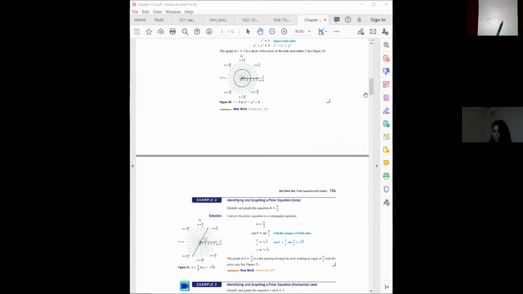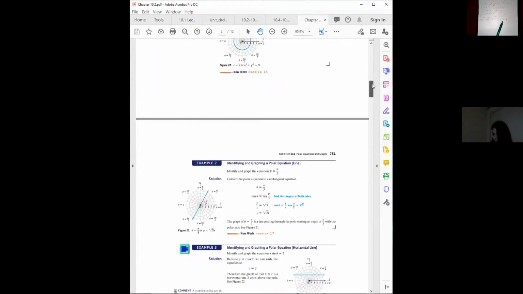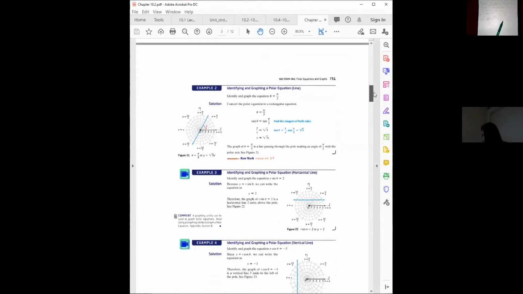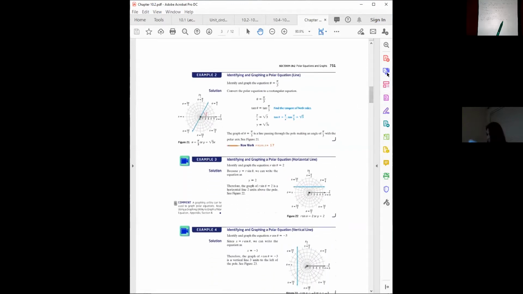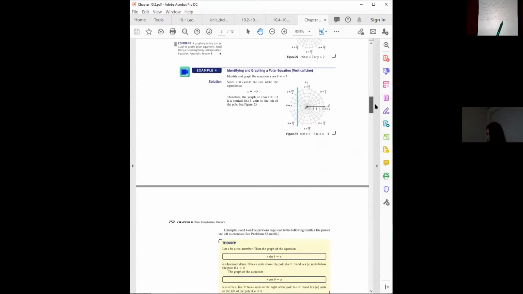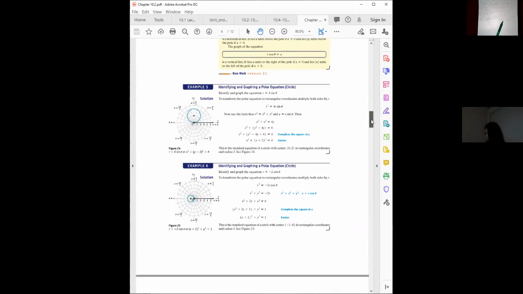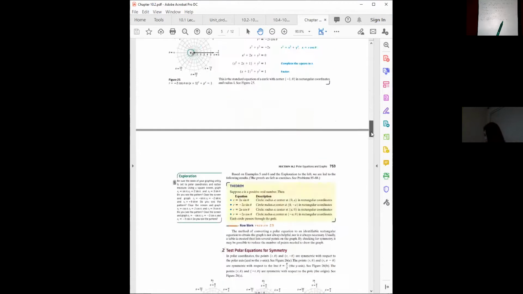Okay. So I would make sure you have some notes like this, like if it's theta equal to a number, it's going to be a line, right? Where is the rule for limacon?